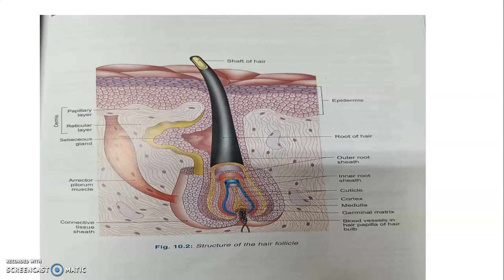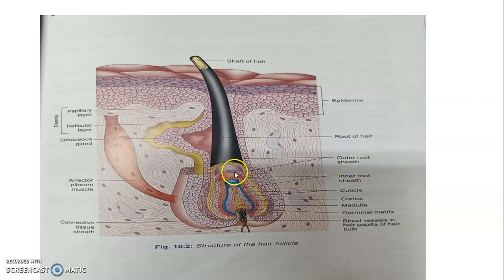The hair root is comprised of medulla, cortex and cuticle, which is covered by the inner root sheath.